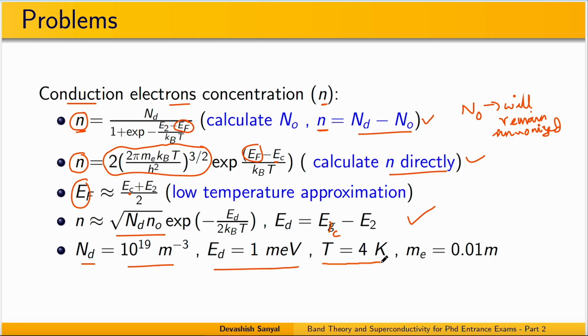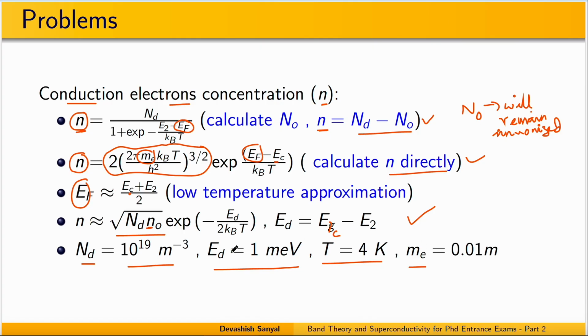Temperature is 4 degrees Kelvin, and we need the effective mass of the electron to calculate N0, which is 0.01 times the mass of the electron.